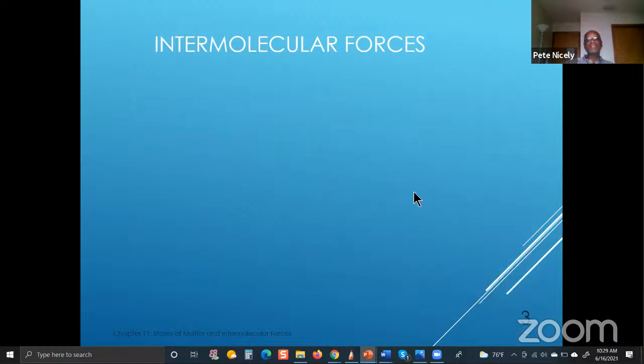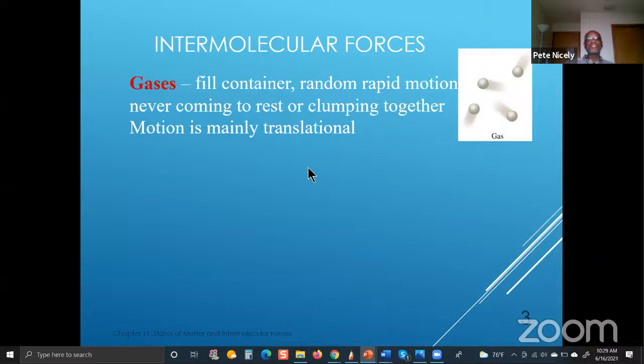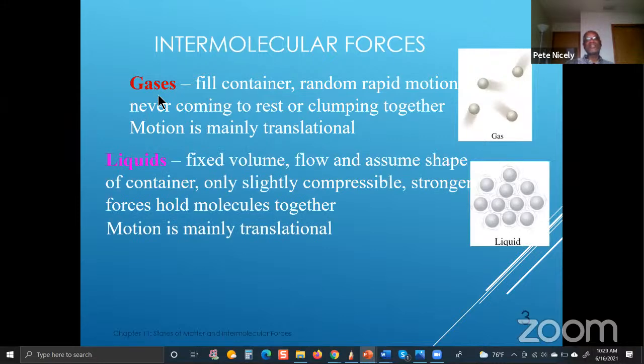Okay, so we talked about gases before. We know the nature of gases. We know the reason why gases behave the way they do. We know that gases, their particles move in straight lines unless they collide with each other. And, you know, they're always in rapid motion. Essentially, for the most part, they're independent of each other in terms of intermolecular forces, but the same is not true for liquids, right?